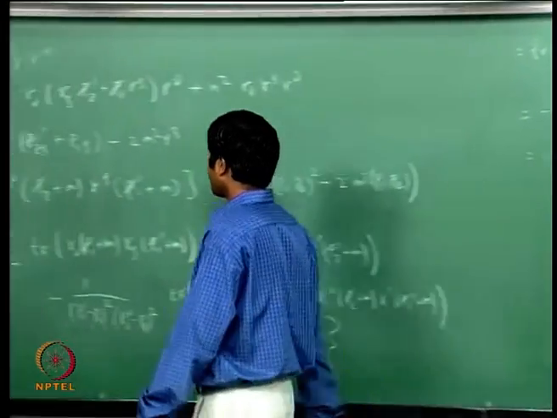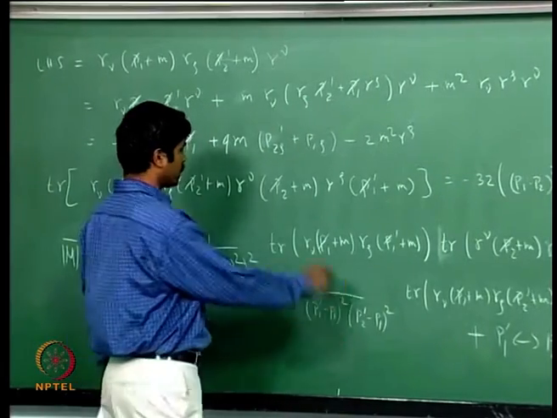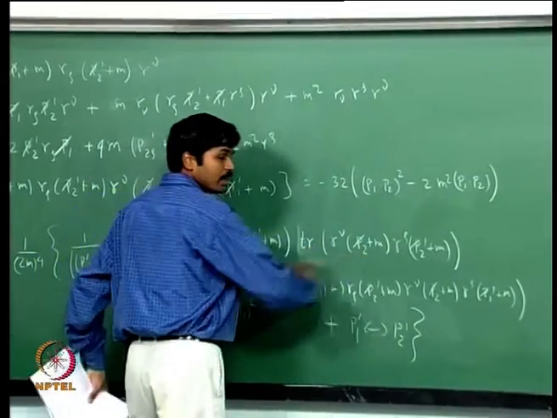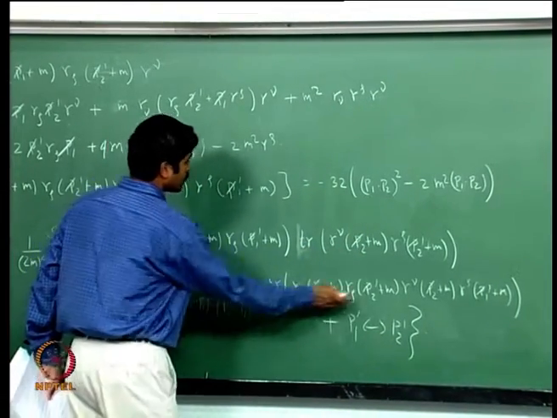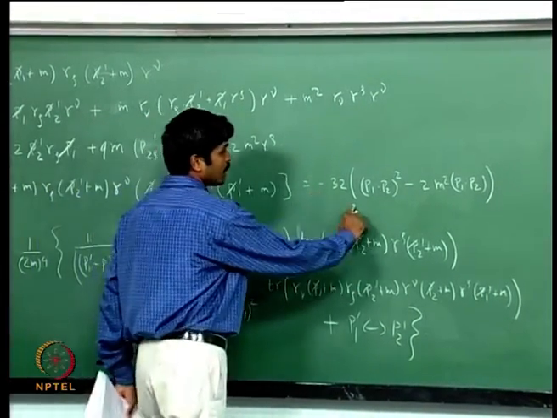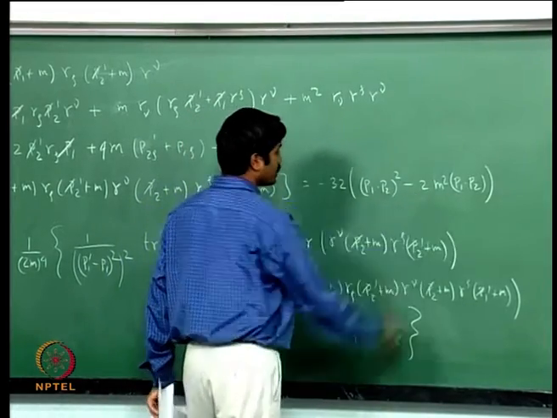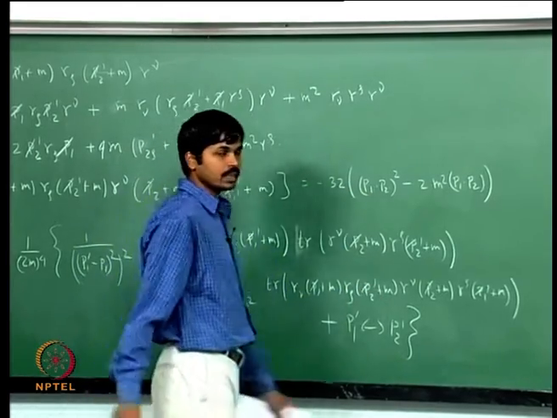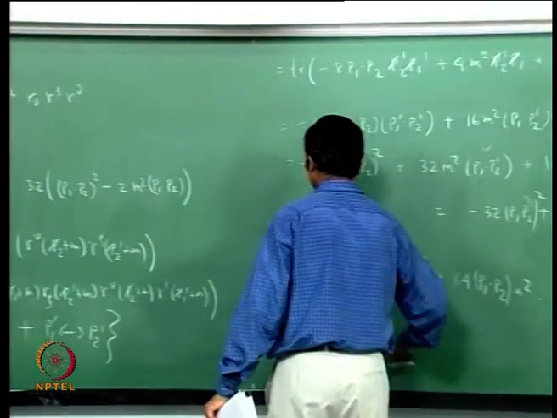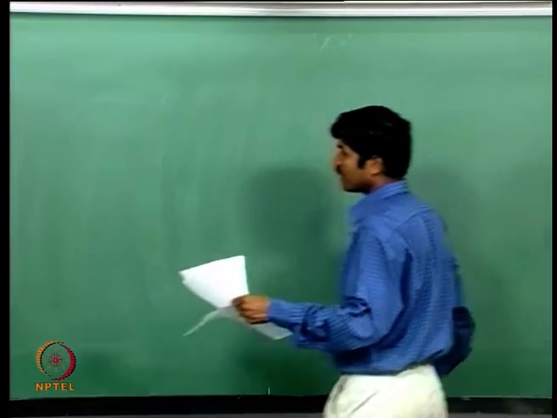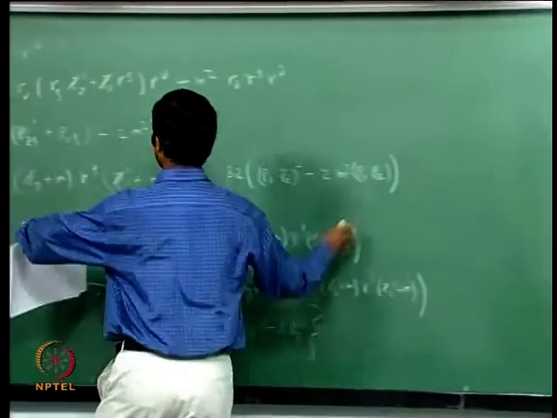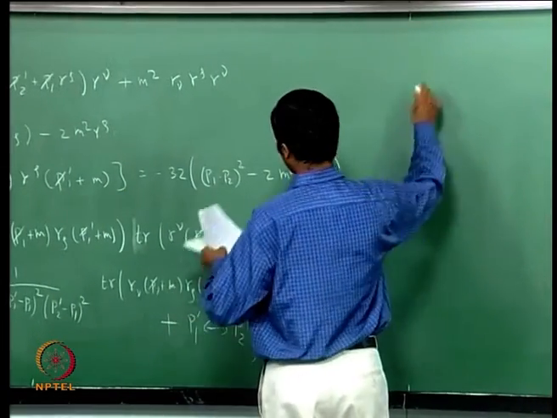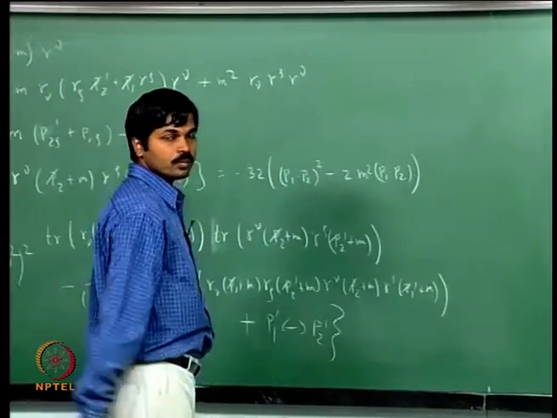What I will do is that I will substitute here for the value of this and this. This was evaluated in the last lecture, and this we have seen is equal to minus 32 P1 dot P2 square minus 2 m square P1 dot P2. So, we will directly substitute these things here. If you recall, this quantity here is nothing but 32 times some factor.